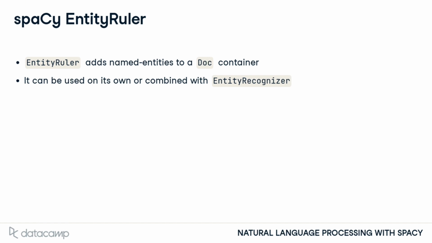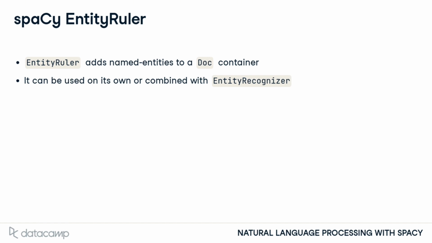We can add named entities to a Doc container using an entity pattern. Entity patterns are dictionaries with two keys. One key is the label, which specifies the label to assign to the entity if the pattern is matched, and the second key is the pattern, which is the matched string.